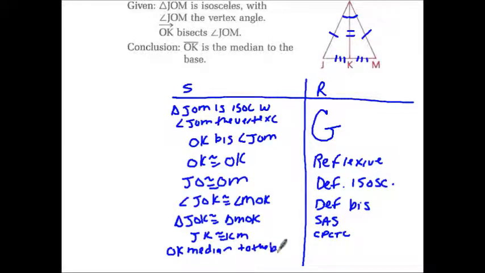Now, we have to be careful with the wording here. So here we go. For my wording, if a segment from a vertex divides the side opposite into two congruent pieces, it's a median.